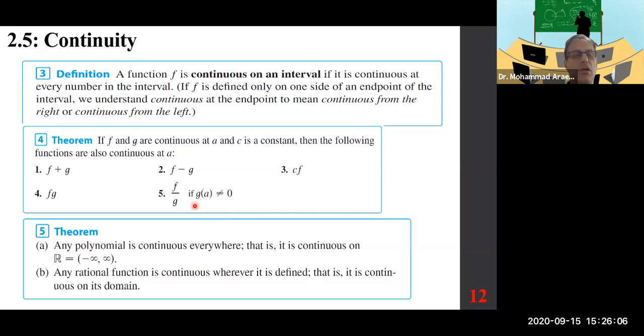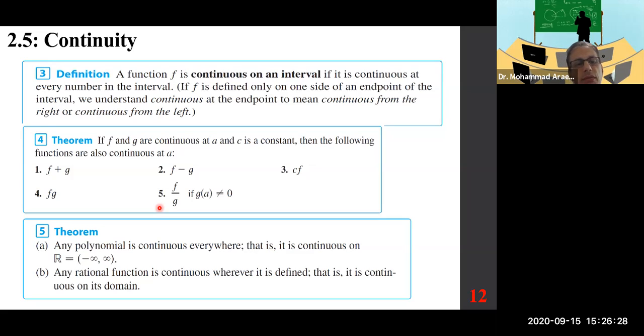F is continuous, G is continuous, then F plus G, F times G. In fact, F of G, G of F, all of them are continuous within their domain. So all you have to do, be careful with the domain. A simple example. When we look at F over G, we always make sure G is not 0. So that's something that you got to pay attention to.